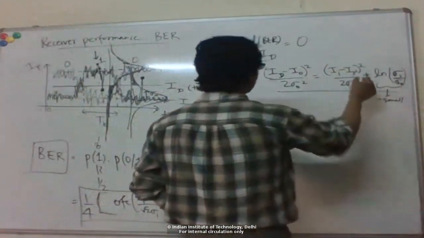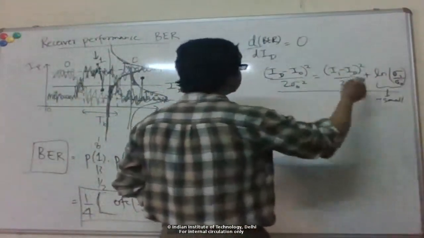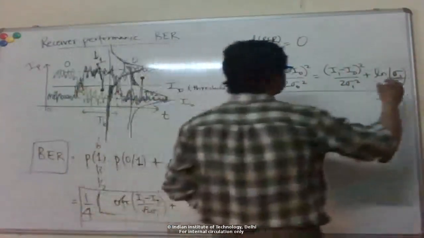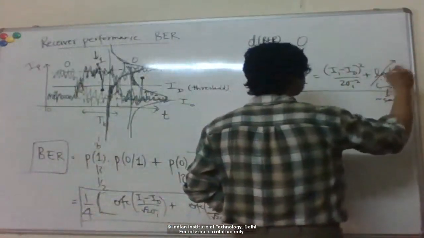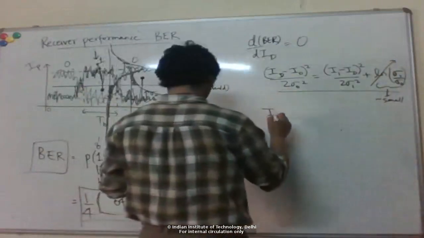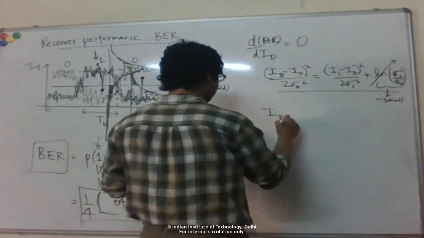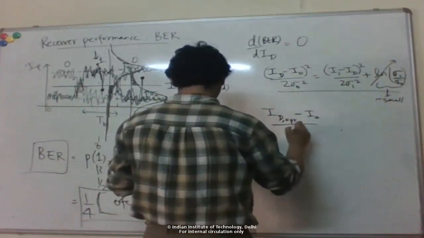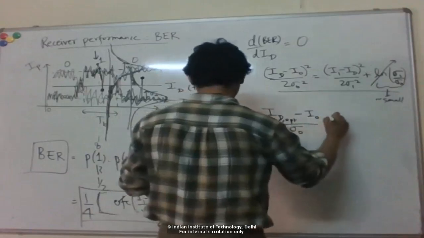Otherwise, it's a nonlinear equation to solve. But in most cases, we can just neglect this term, and then the optimum value of ID is given by the solution to this equation.